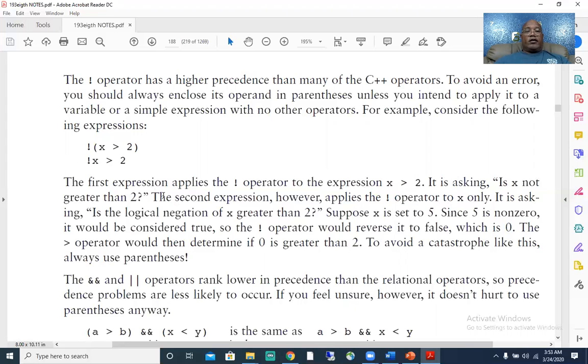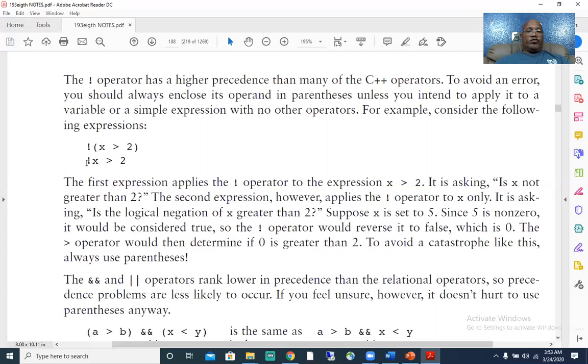Okay? So the second expression, however, applies the not operator to x only. Now, when you have only x, all of a sudden you are dealing with that Boolean value, not x. Remember when we had the if statements where we had if sales quota met, and if we use that integer Boolean value, it was like 1 or 0.